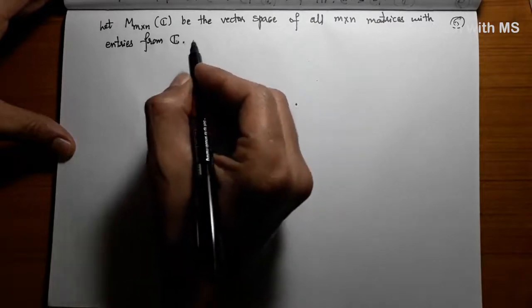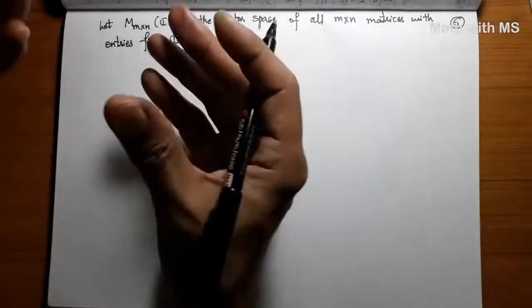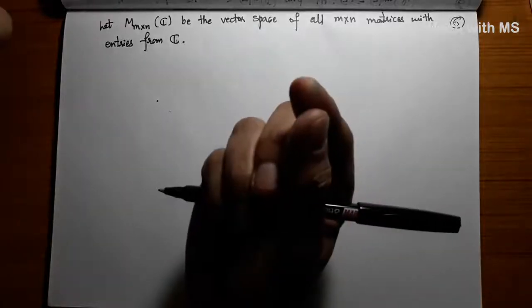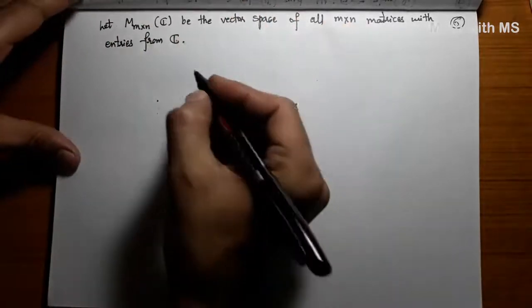A standard basis for this consists of matrices which have 1 at the ijth position and 0 otherwise.